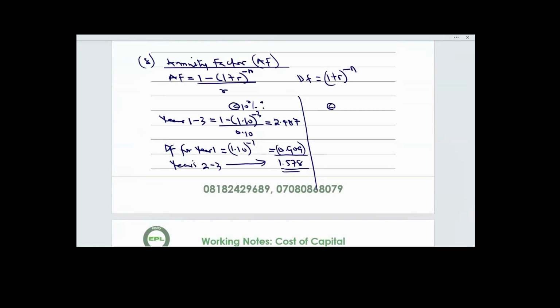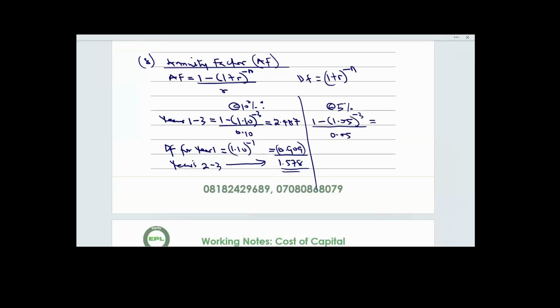So here will be 1 minus 1.05 raised to power minus 3, divided by 0.05.